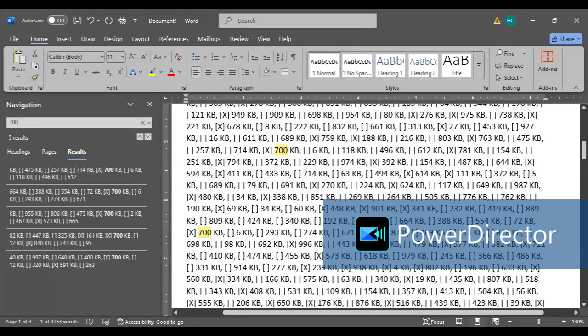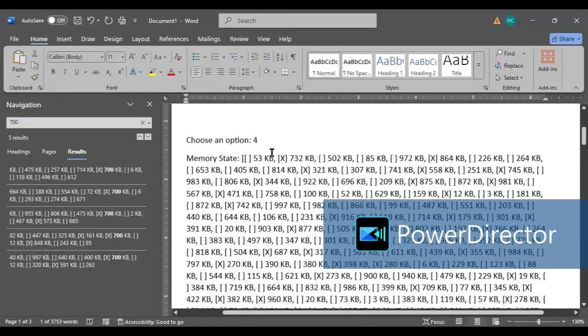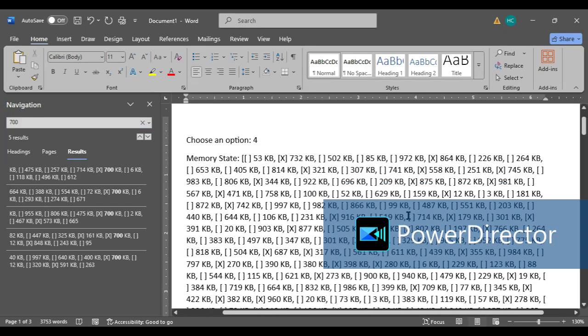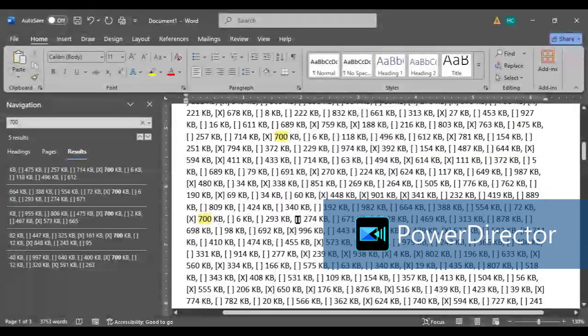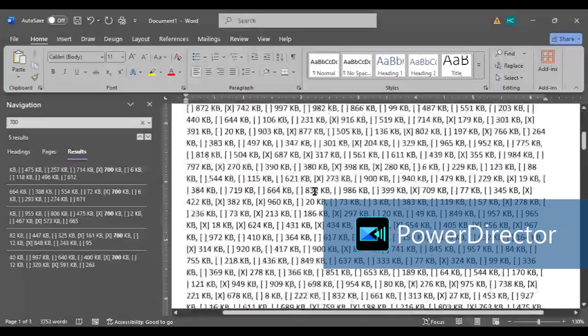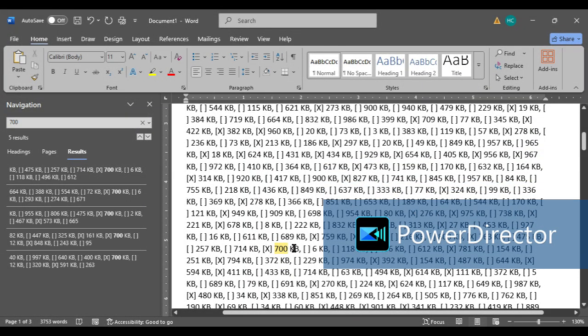We see that the best fit didn't start allocating when it found the first available block, but rather scanned through all the blocks. We see the ones highlighted in yellow have very small blocks left over. So the best fit tries to find the most suitable block for the requested memory.